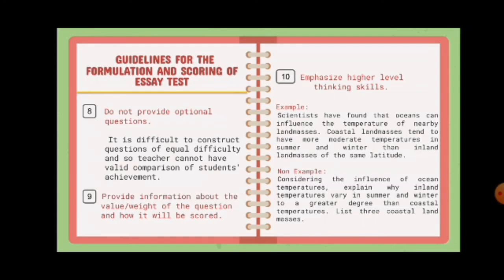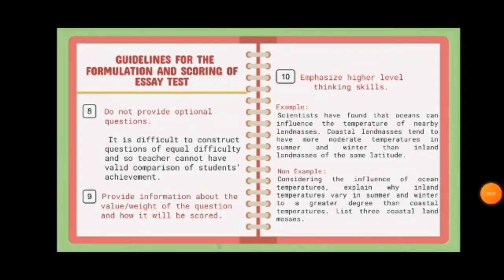So number 8 means that it is difficult to validate the answers of the students' achievement, because it might be hard for the teacher checking the essay test papers.